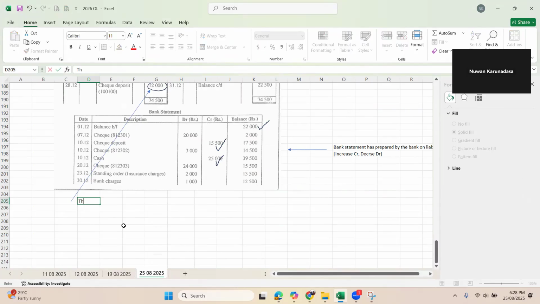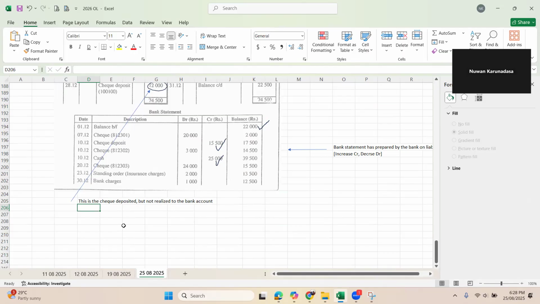This check is deposited but not realized to the bank account. So this is called deposited but not realized.